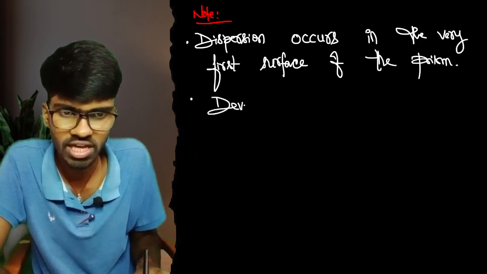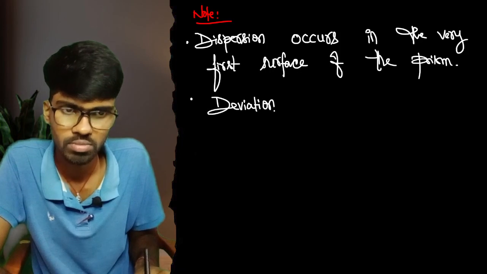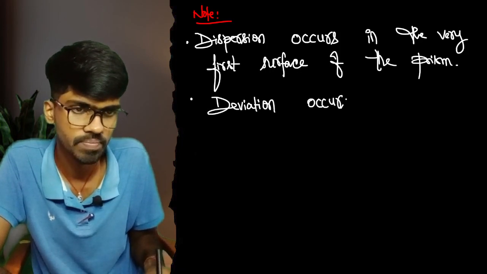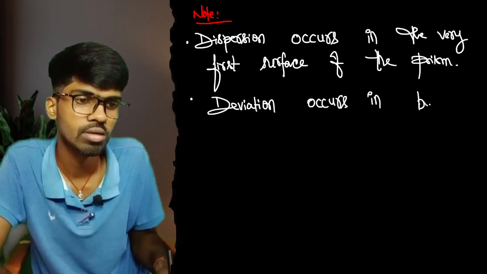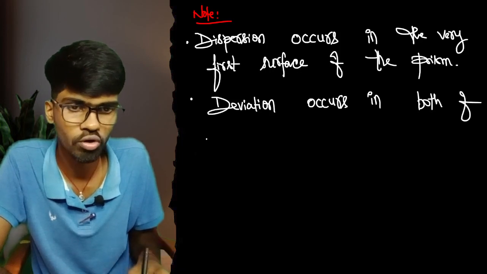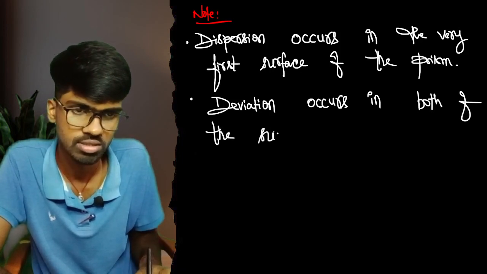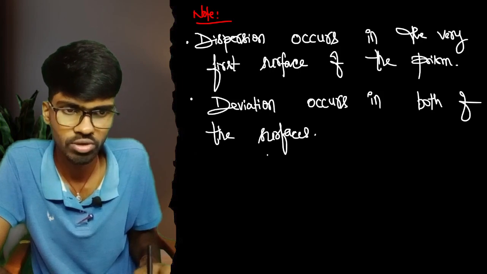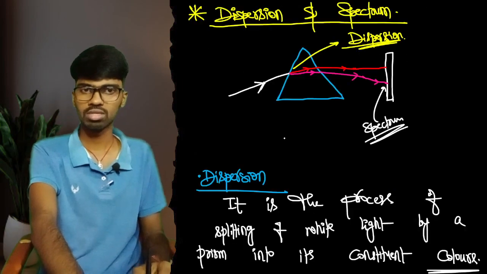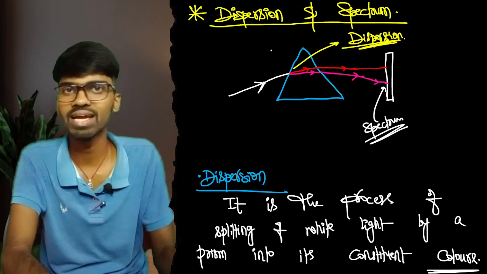However, deviation occurs in both of the surfaces. So this was the whole discussion about dispersion and spectrum.